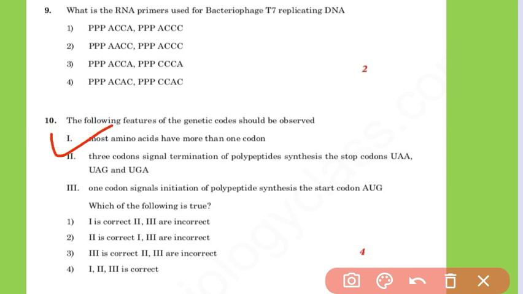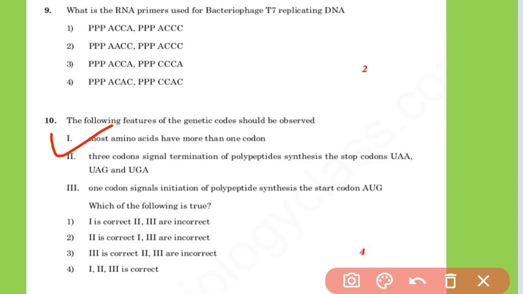Yes, it is correct, because asparagine, aspartic acid, cysteine, glutamine, glutamic acid, histidine, lysine, phenylalanine, and tyrosine are coded by 2 codons each, whereas alanine, glycine, and proline are coded by 3 codons each. Methionine and tryptophan are coded by 1 codon each. So the first option is correct, and this is about the degeneracy of the codon. Most amino acids have more than 1 codon.